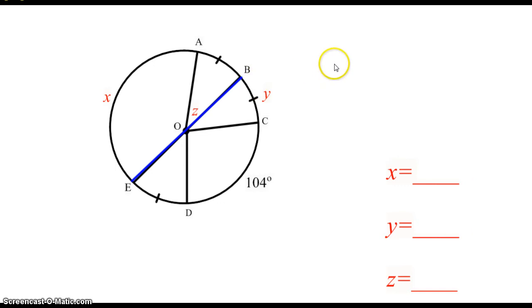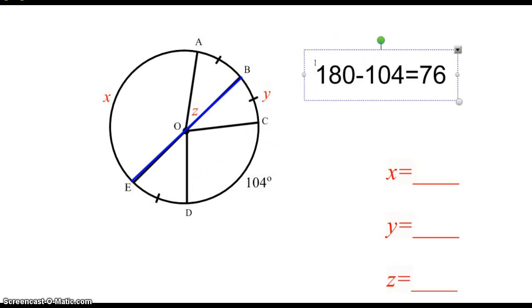So that's a diameter. Anything under this diameter is 180. Anything above this diameter is 180. So the way I would start is I know that this must be 180. So I take 180 minus 104, it equals 76.